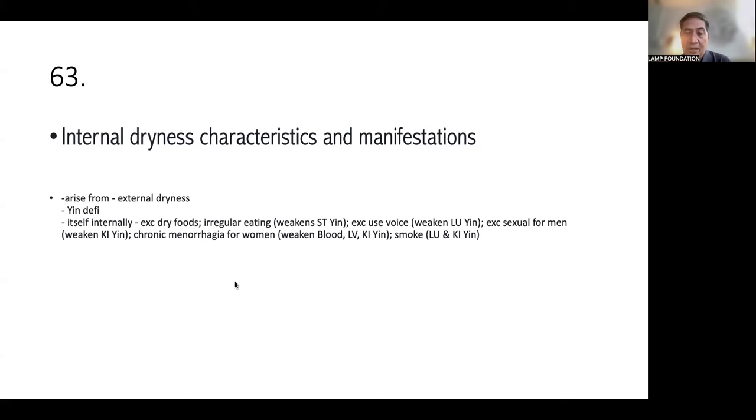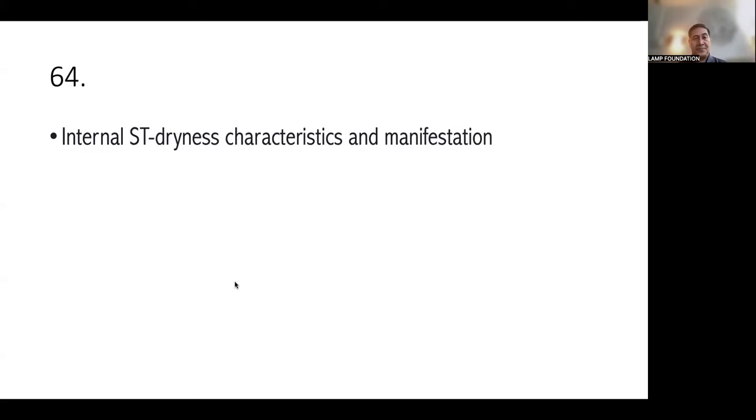Excessive sexual activity for men, humihina ang kidney yin. For women, chronic menorrhagia, this will weaken the blood. Of course, nagbi-bleeding no? Liver and the kidney yin. And those who smoke, so automatic yan, isipin mo na lung and kidney yin deficiency.